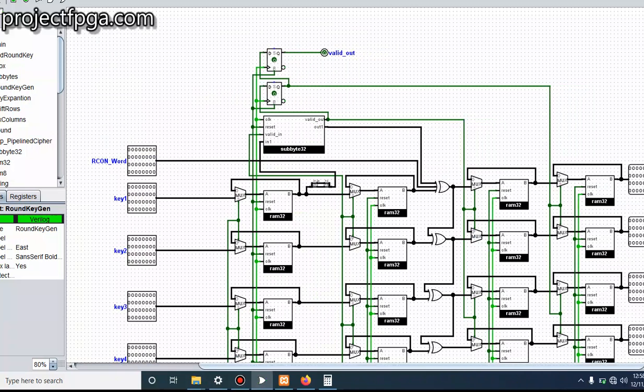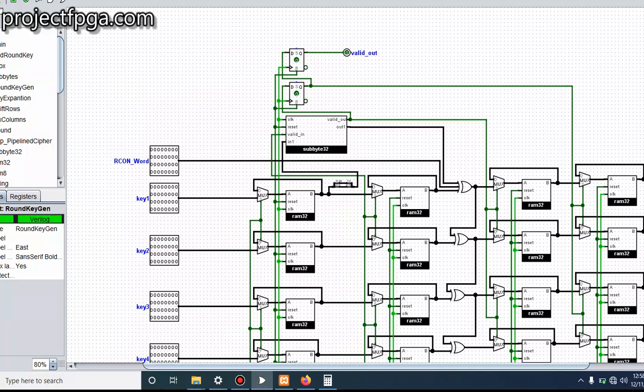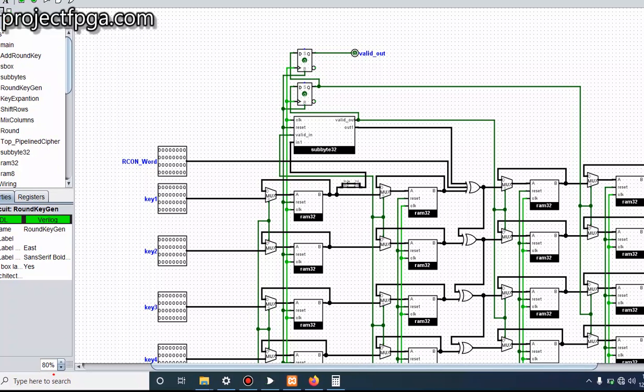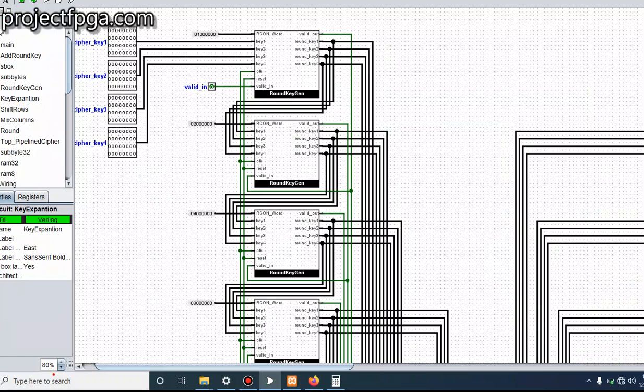The major reason for using the round key generator in the key expansion is this outcome word, the round constant. This is what is going to replicate the round key into 10 different places, giving us different round keys.